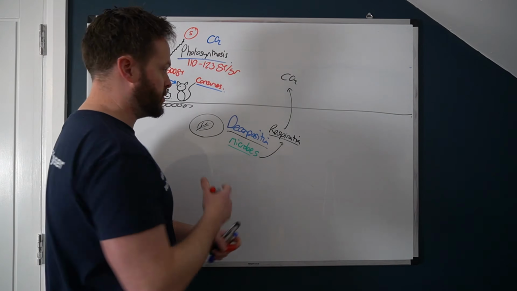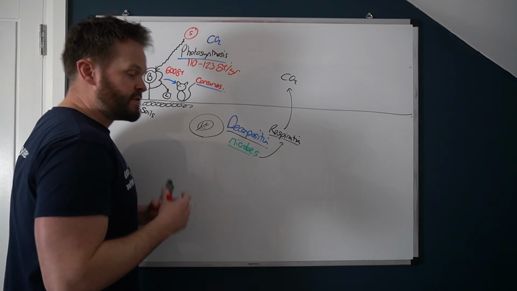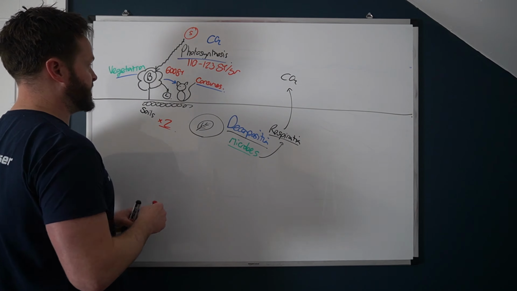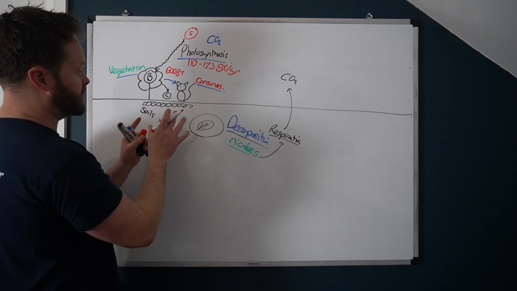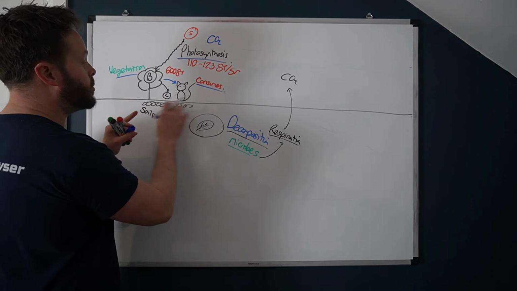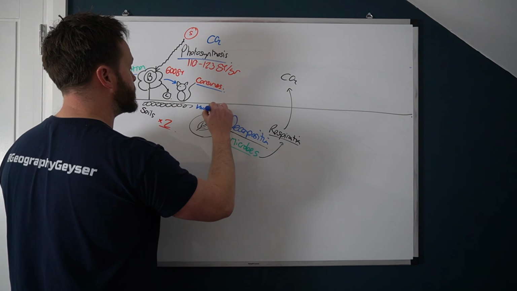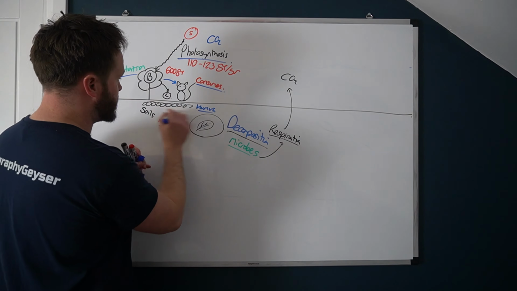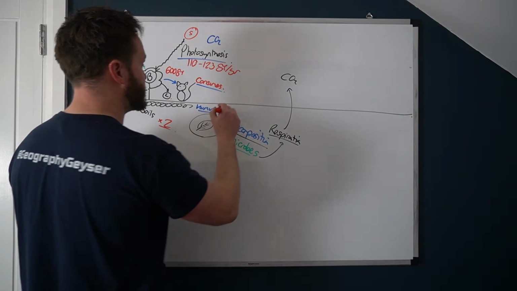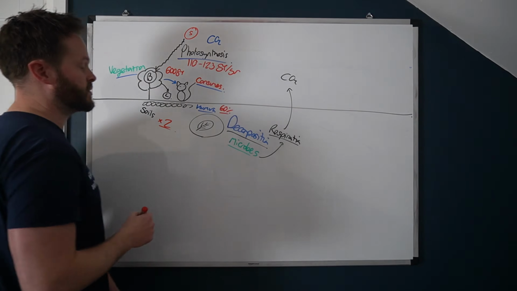Now, the soil store is thought of as, you'll get various sources here, but usually twice the size of the vegetation stores. And this is where carbon is held for a little bit longer depending on the environment. So that upper layer here is known as the humus layer, and that is where you've got a lot of decomposed dead organic matter. This is usually around 60% organic matter content.